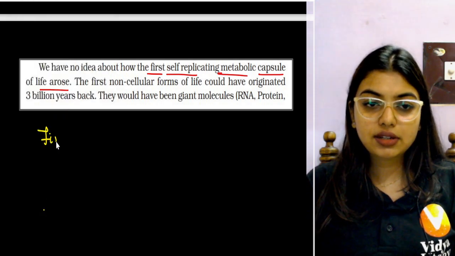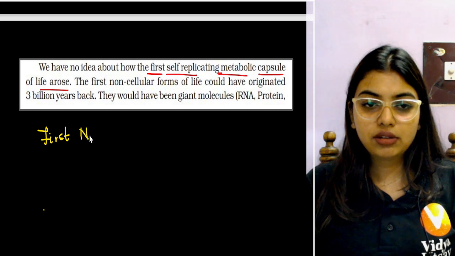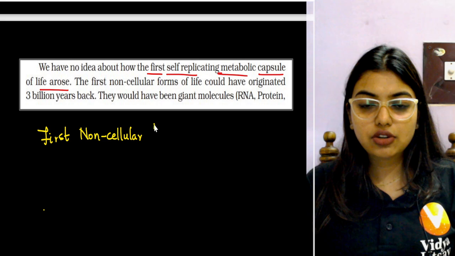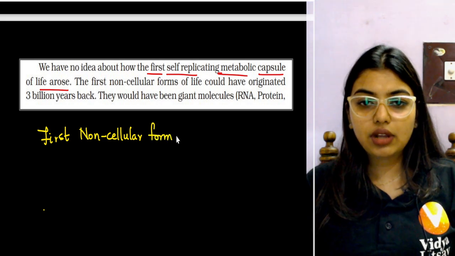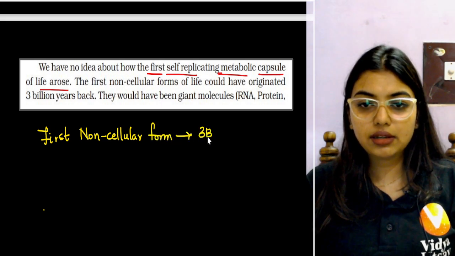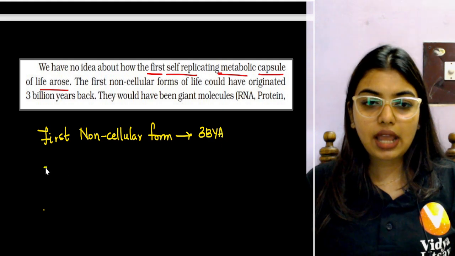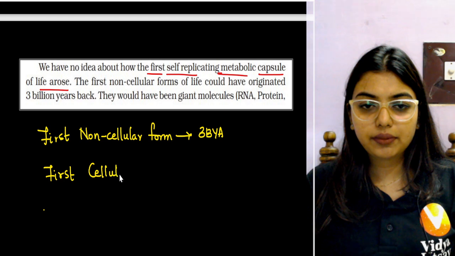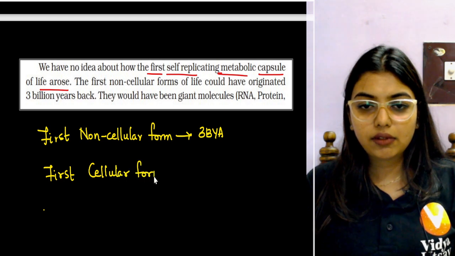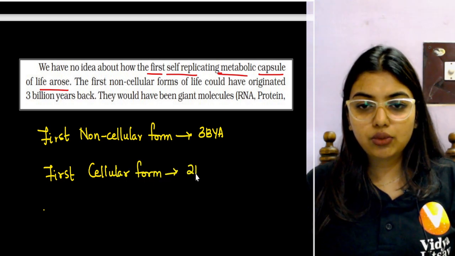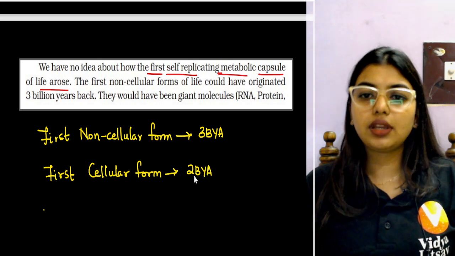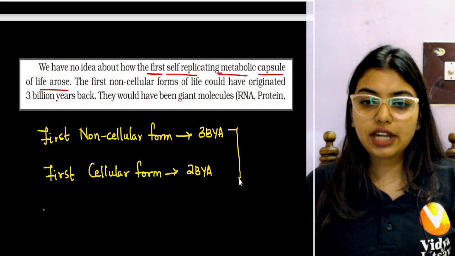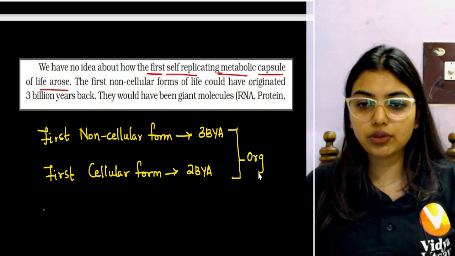The first non-cellular form of life could have originated 3 billion years ago, and the first cellular form, 2 billion years ago. They would have all arisen from giant organic molecules.